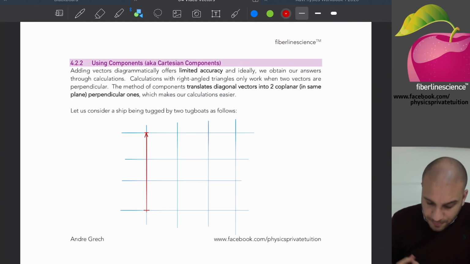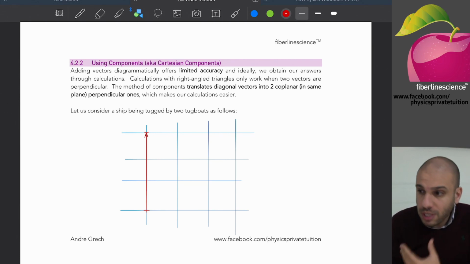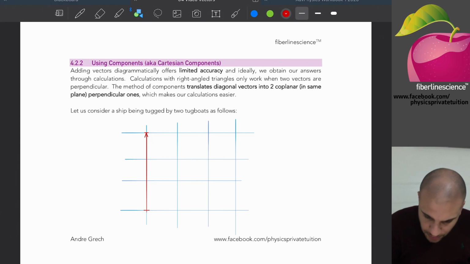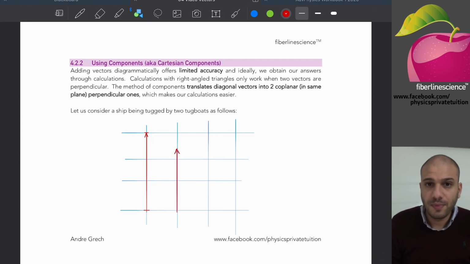The problem is, jekk inti f'situazzjoni fejn għandek force, jew any vector quantity, velocity, acceleration, whatever, illi ma tiġix to an actual value ta' daqs ta' square, per eżempju, għandek 0 squares u nofs, jew 2.3, okay? You can't be accurate there, okay?